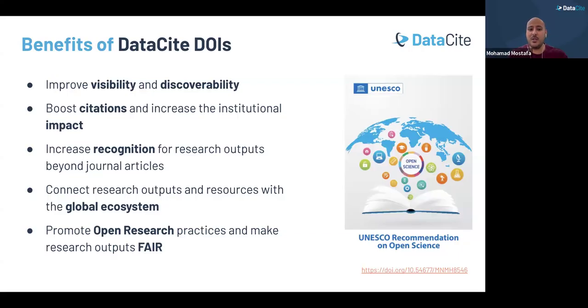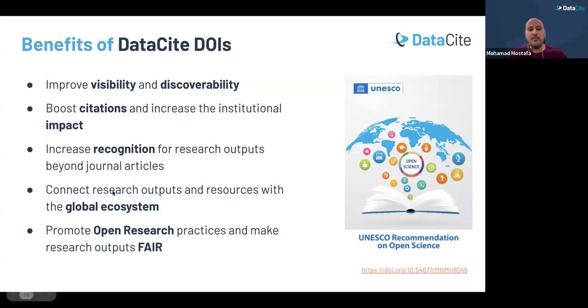You are giving a possibility for increasing citations, for these outputs to become visible and citable items as well, and giving recognition to the university and the researchers, of course, who produced these outputs. So when you adopt DOIs for software, for dissertations, for theses, you are giving recognition to these outputs and resources.